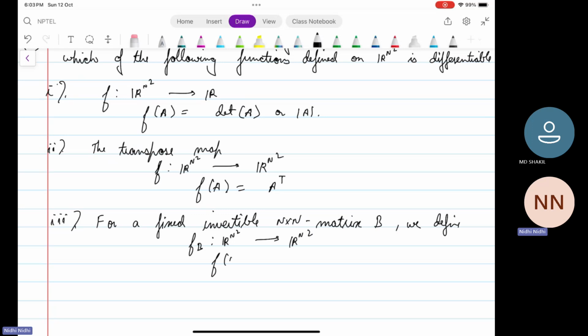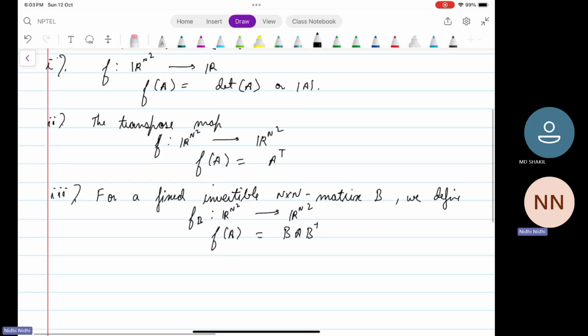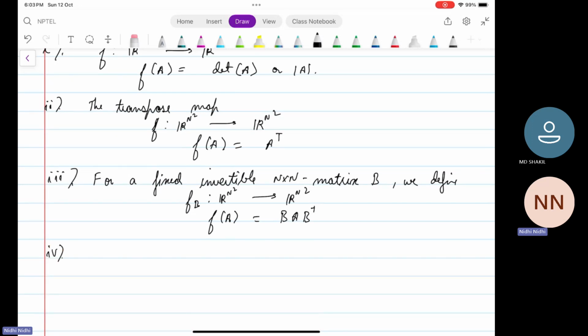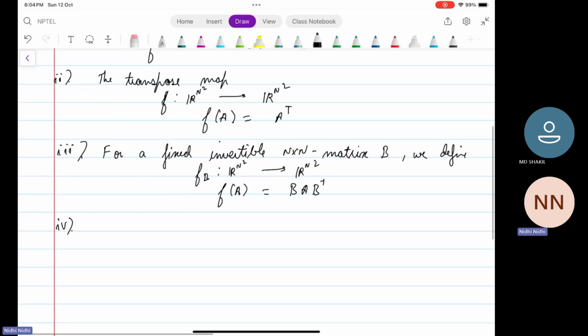Every matrix A is mapped to B inverse A. Then the fourth one, the trace of the matrix. Since trace is a real number, f is from R^(n²) to R, f of A is trace of A.